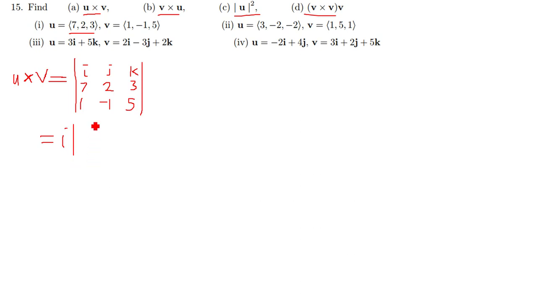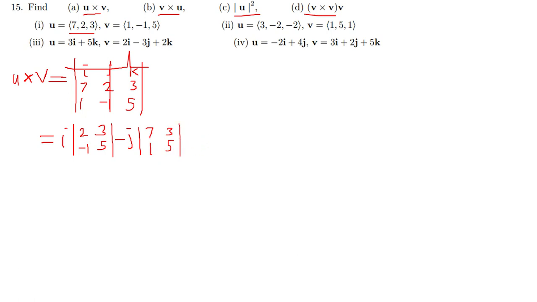The minor of i is just this part here, which is 2, 3, negative 1, 5. Then we say minus j times its minor. The minor of j is when you close this part and also close that part; whatever you remain with is the minor for j. So you remain with 7, 1, 3, 5.